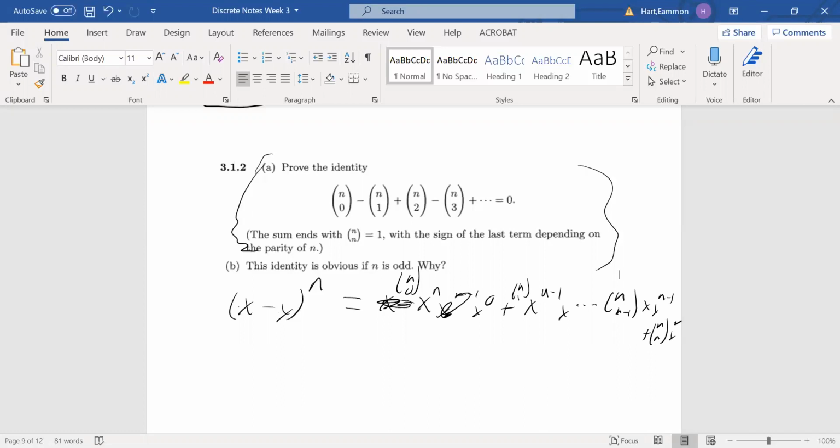If we set y equal to x, then x minus y is equal to 0, therefore x minus y to the n is equal to 0.